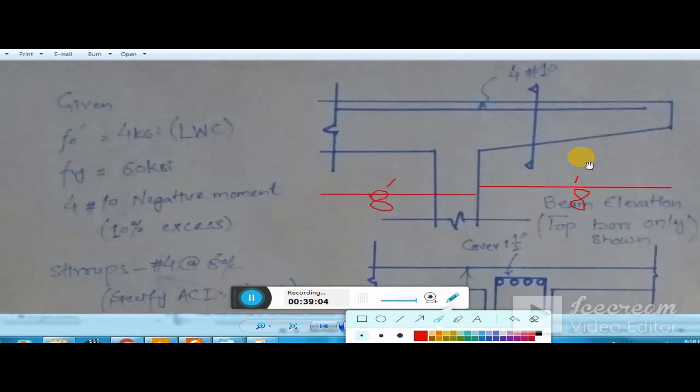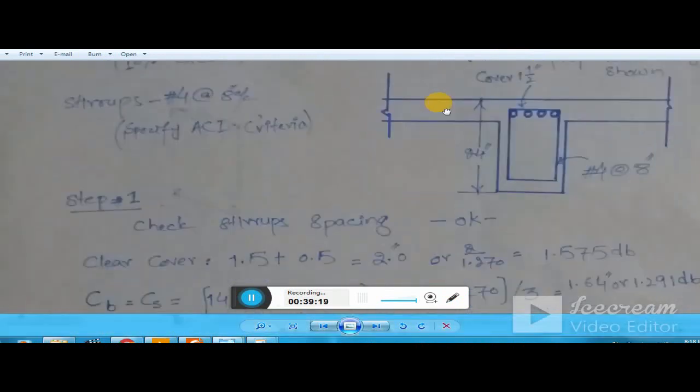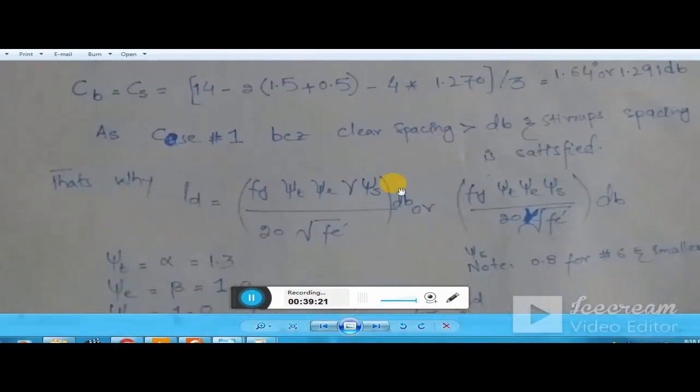You can change the bar size by lowering it. The development length is a function of the diameter of the bar, so if you decrease the bar diameter, your development length will decrease.